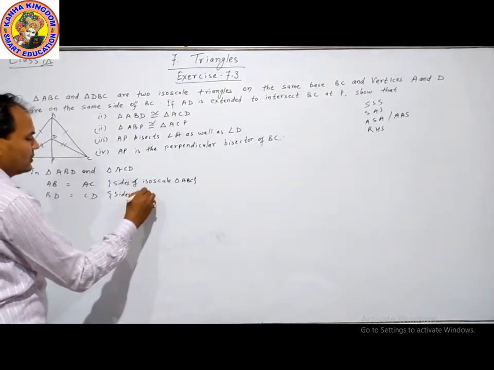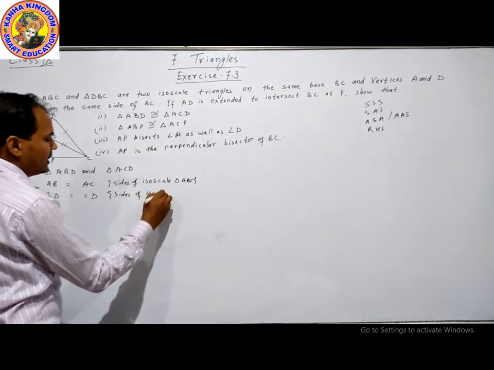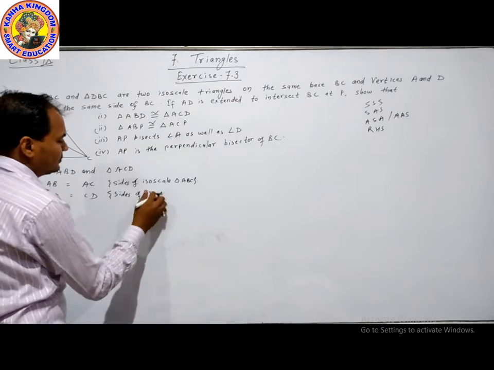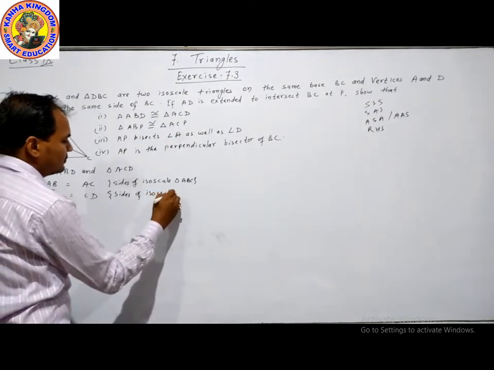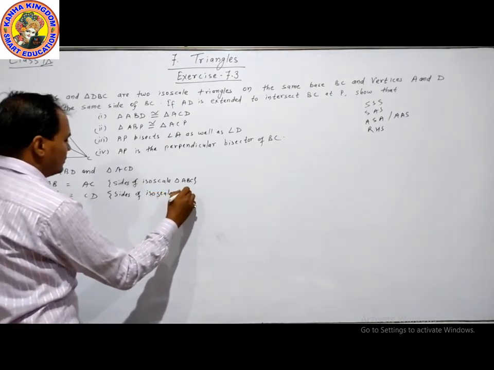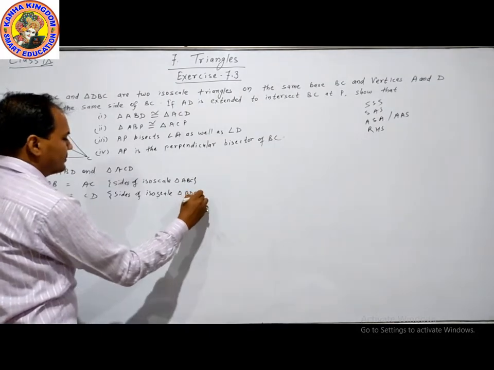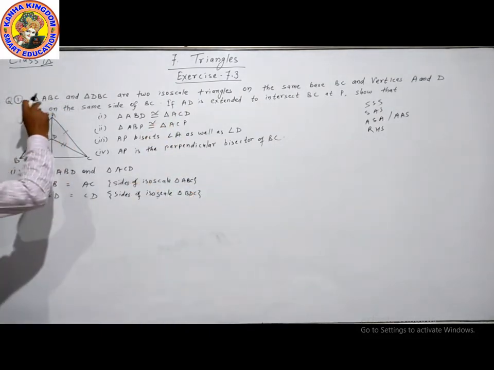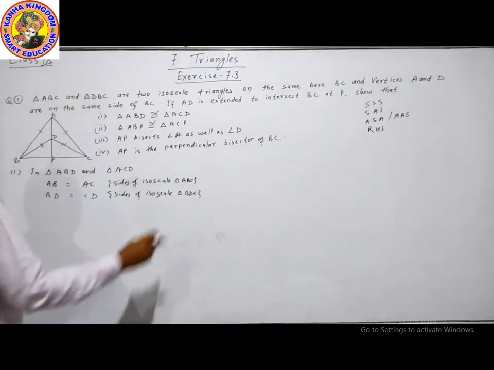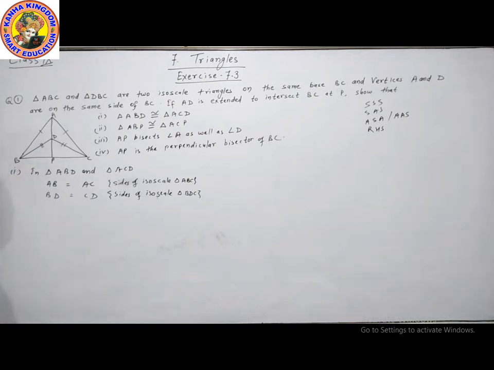Sides of isosceles triangle BDC, which are given. ABC and DBC are isosceles triangles.